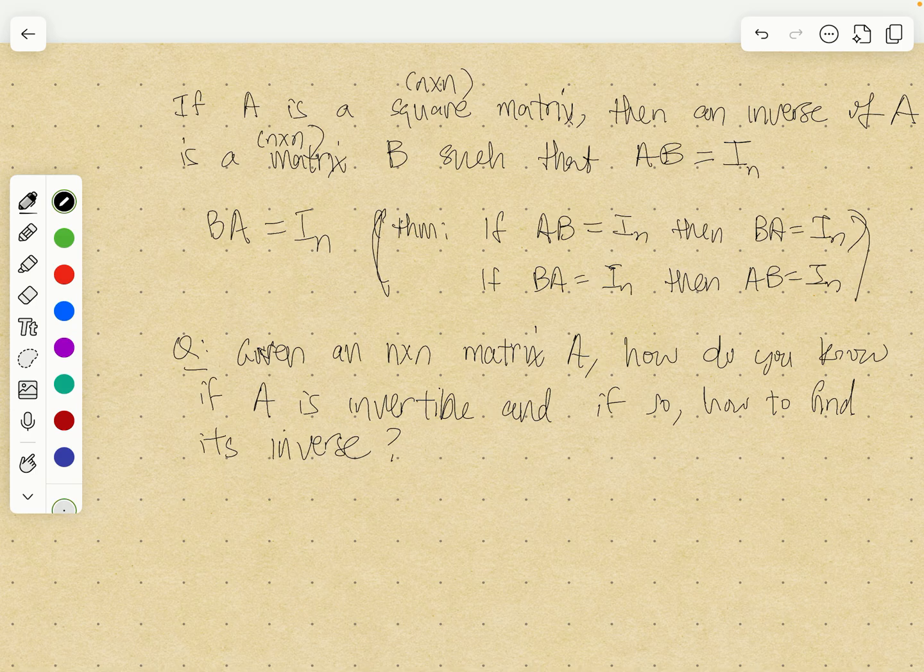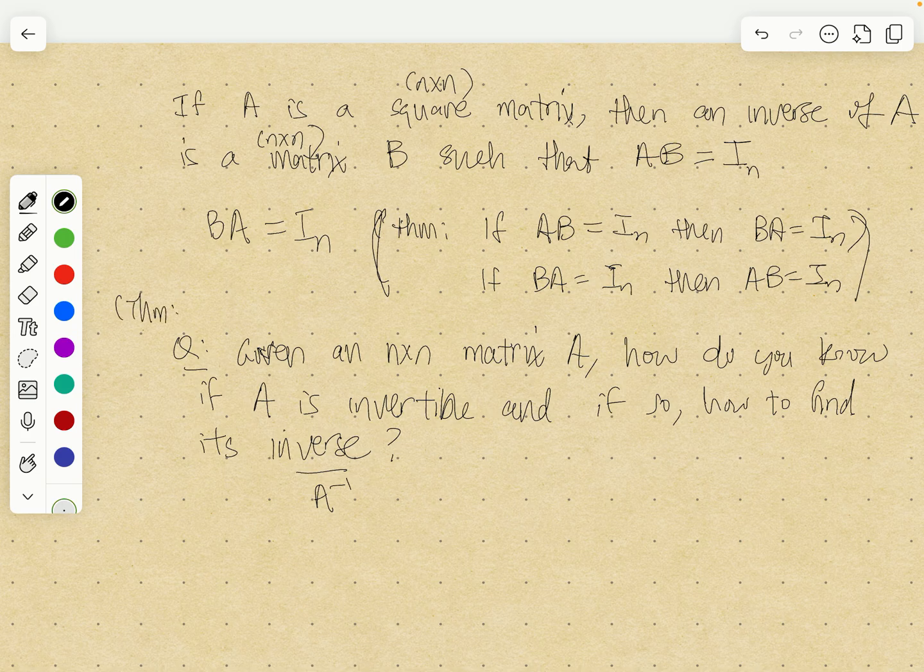But it turns out, and this is another theorem, that there's only one possible matrix that will do it, and that would be the inverse. So if there is such a B at all, there's only one of them, and so we can call that matrix B the symbol A inverse. So that's the symbol for it.